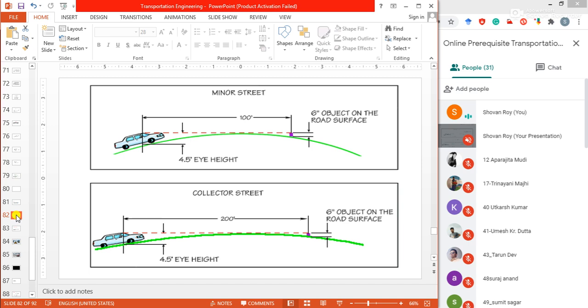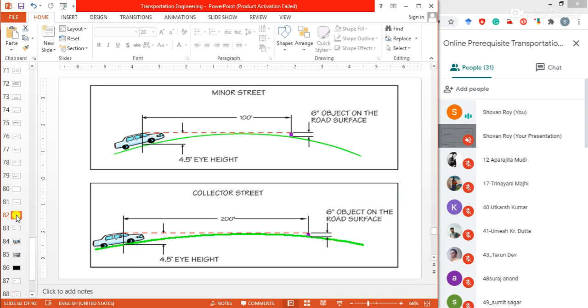These are the important things which come under the sight distance available on a road to a driver at an instance.